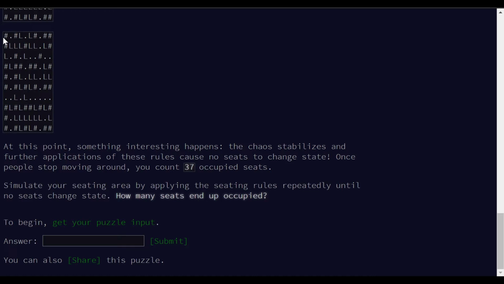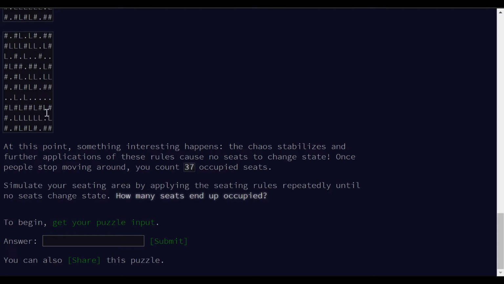Right. Eventually it settles. In general, Game of Life is not guaranteed to settle. I suppose that since this problem is a generalization of Game of Life, it's probably also not guaranteed to settle, but maybe it is.